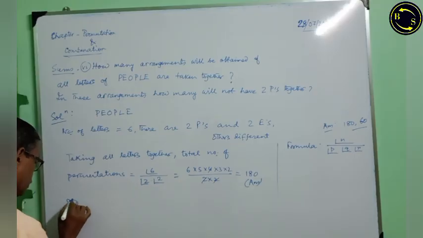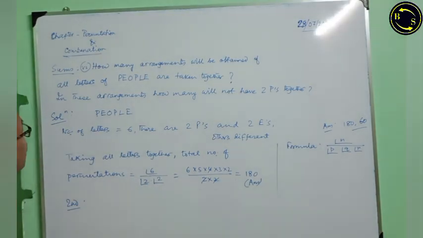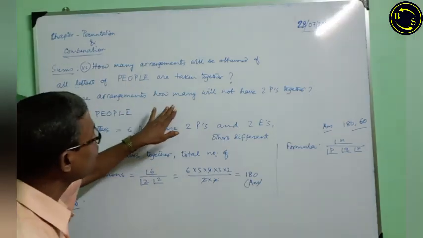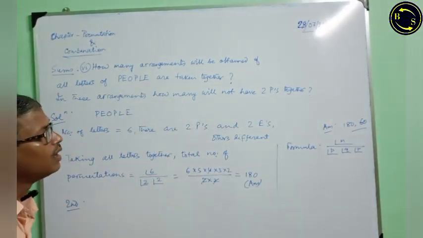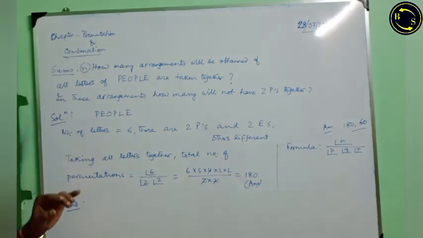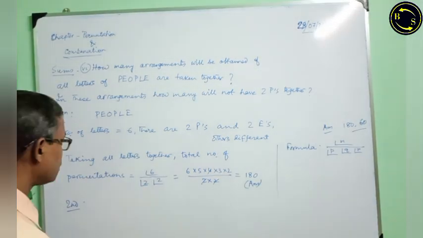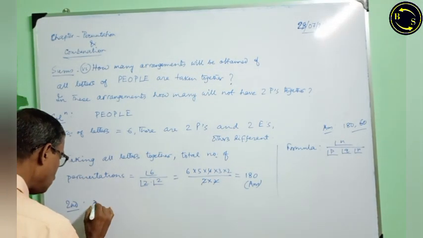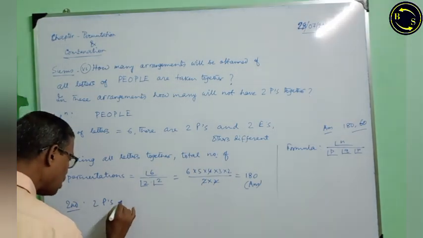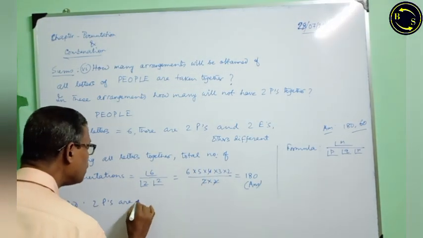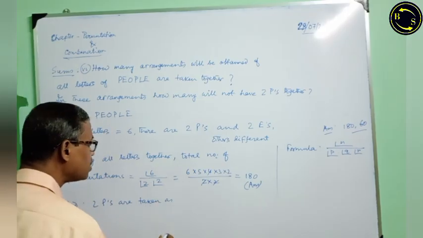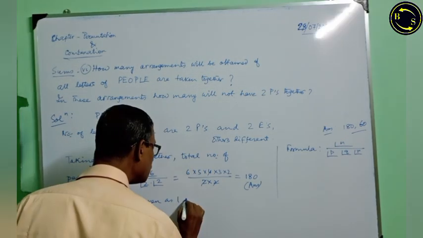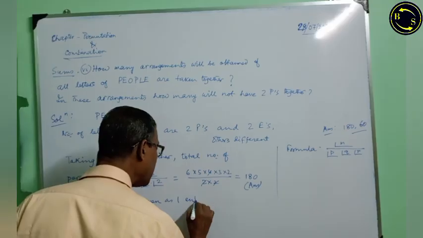Second part: how many in these arrangements will not have two P's together? For that we consider two P's taken as one entity.